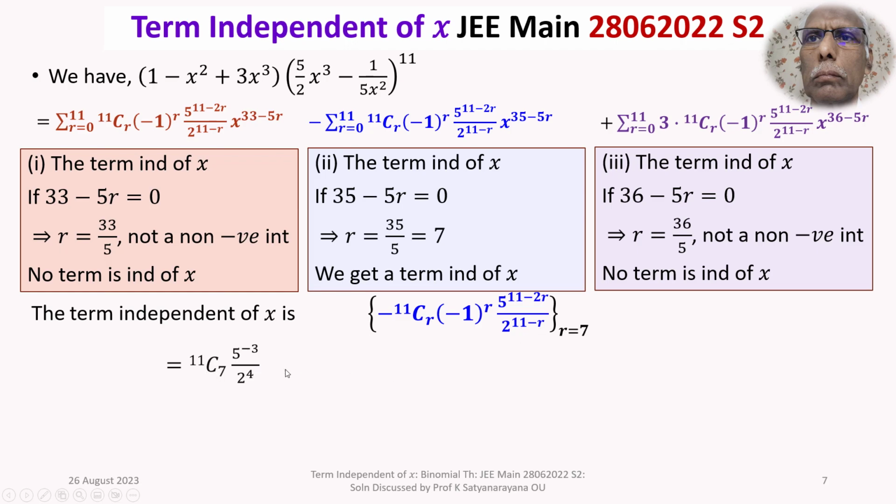So 11C7 is 11 into 10 into 9 into 8 by factorial 4, multiplied by 5 to the power of -3, which is 1/5 cubed, that is 1/125, into 1/2 to the power of 4, that is 1/16. First, let us simplify this fraction.